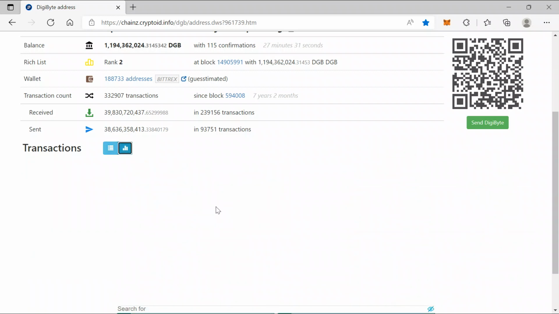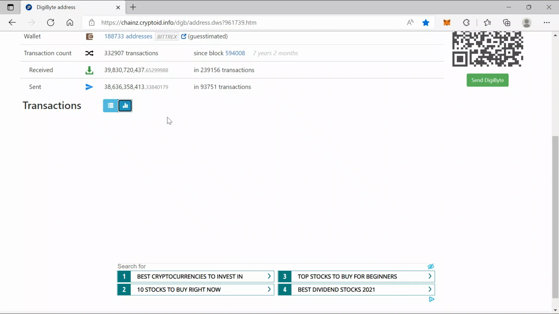If we take a look at the transaction history, while we're waiting on that, I'll show you they've done 39 billion Digibyte in transactions, leaving or coming. It's a cumulative amount of coins moved. So we know they actually move coins at Bittrex, and that's a good thing.